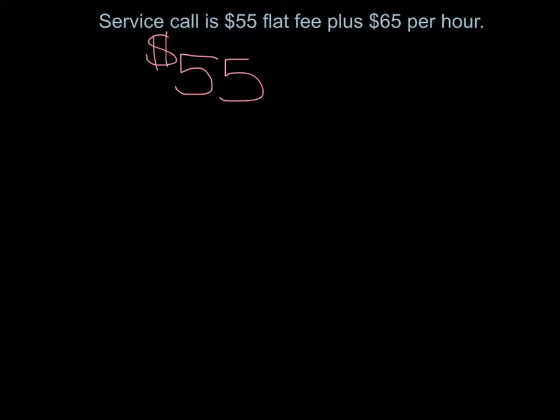So every time the service call is made, they have to pay $55. And then for the tenant to come out, they have to pay $65 for every hour that the repairman is there. So the total bill would be $55 plus $65 per hour.